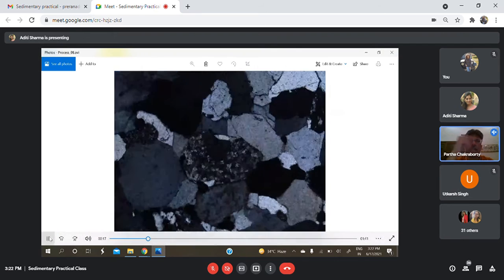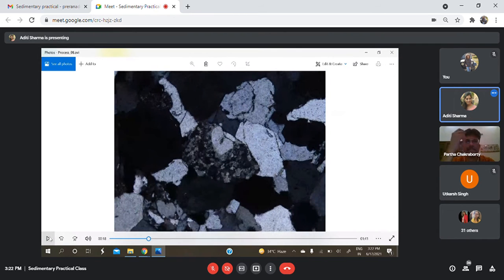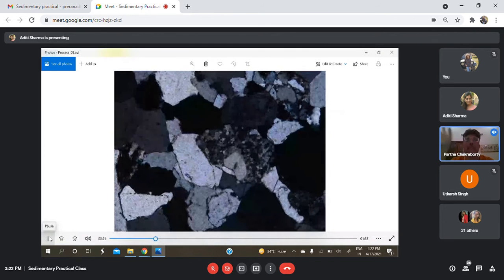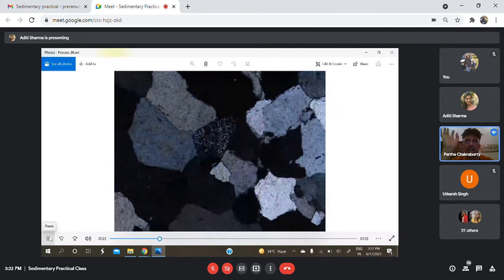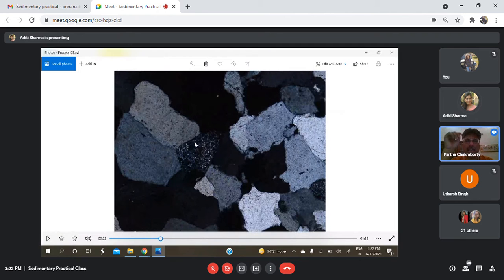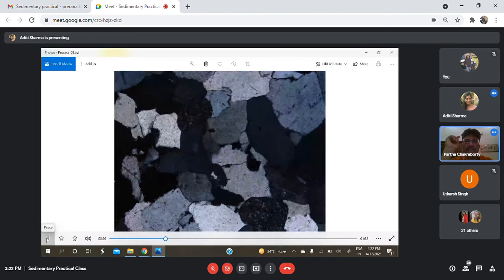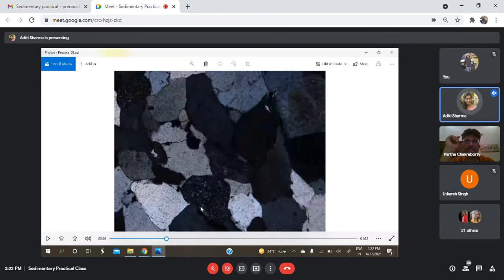The siltstone fragment. So now you think of a siltstone fragment, chert fragment, and polycrystalline quartz. Yes, this is a chert. So this is also a chert fragment, and this is also.